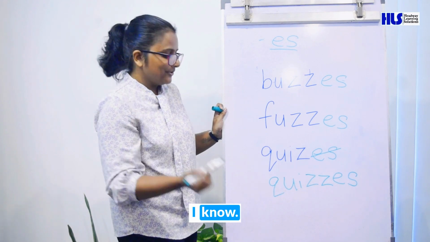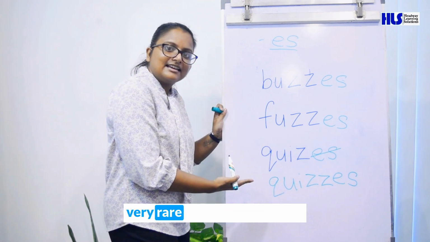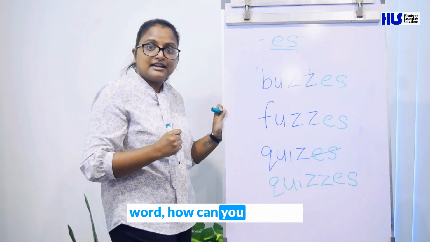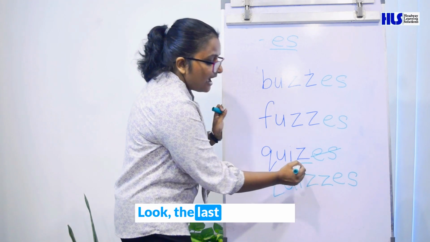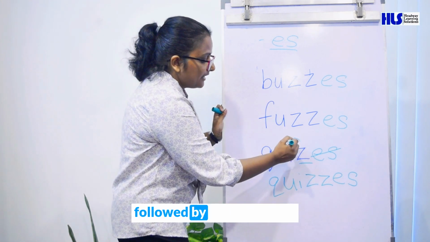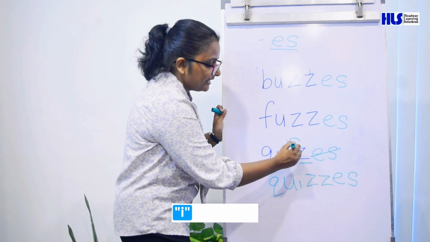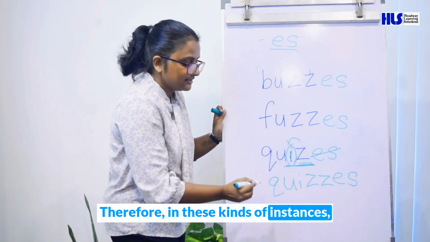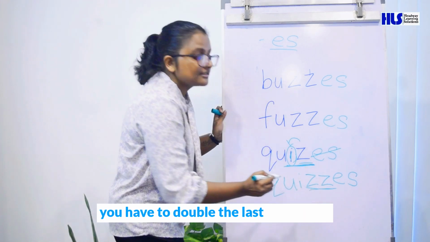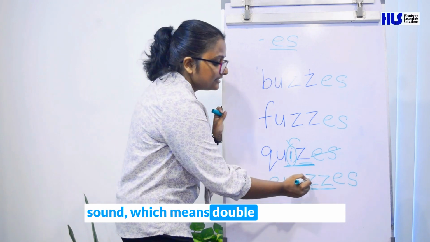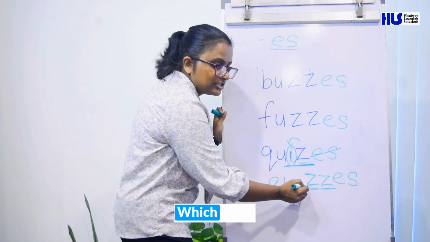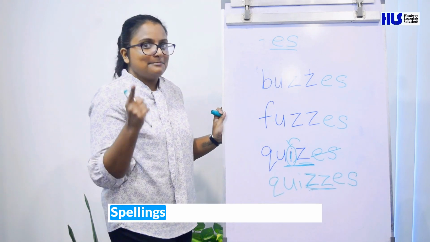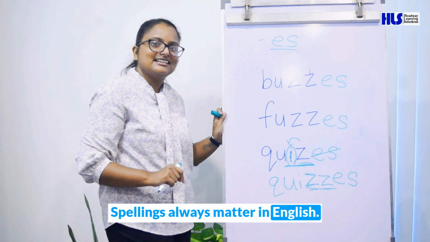Quizzes. I know, these kinds of words are very rare in English language. So if you meet this kind of a word, how can you identify? Look, the last letter z is followed by a vowel letter. I is a vowel. Therefore, in these kinds of instances, you have to double the last consonant sound, which means double the last letter, which is z, quiz, quizzes. The spellings change. Spellings always matter in English, right?